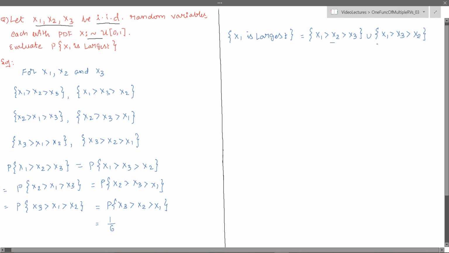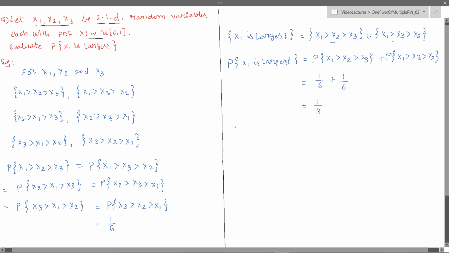Because these two events are mutually exclusive, the probability that x1 is largest is the same as the probability that x1 greater than x2 greater than x3, plus the probability that x1 greater than x3 greater than x2. But we have just proved that each of these probabilities is 1 by 6, and hence the probability that x1 is largest would be equal to 1 by 6 plus 1 by 6, which would be equal to 1 by 3.